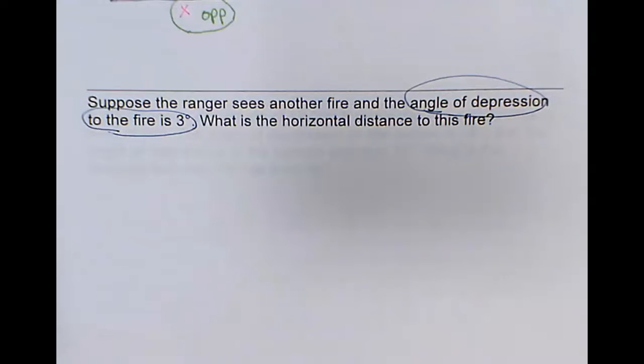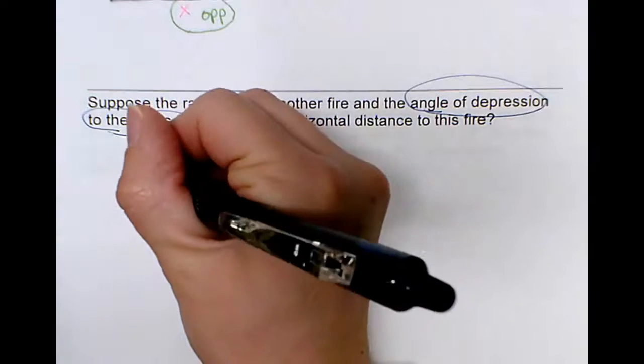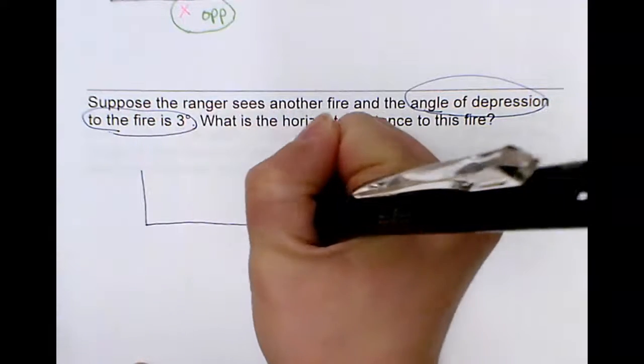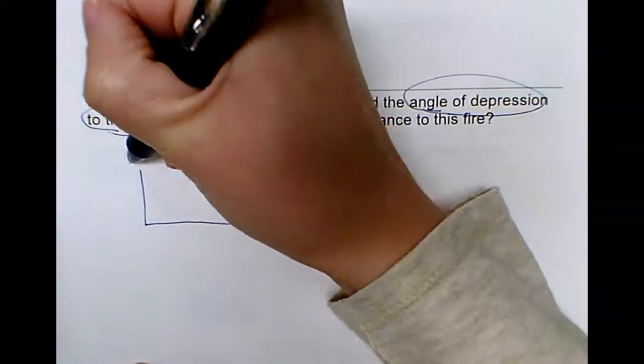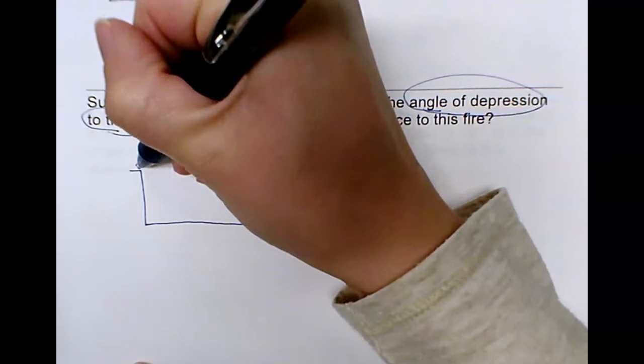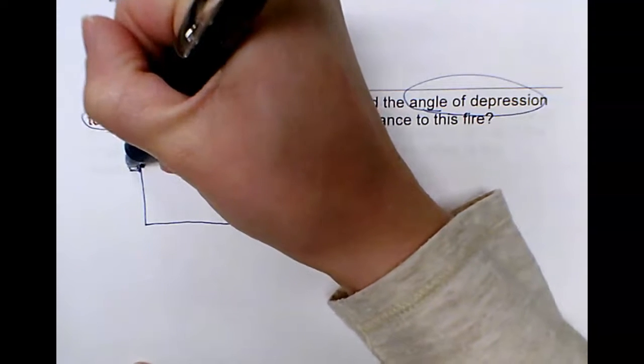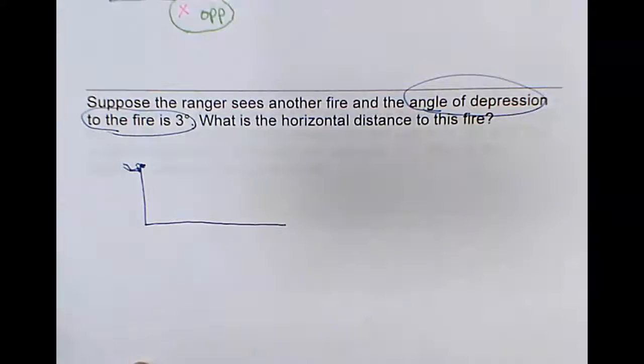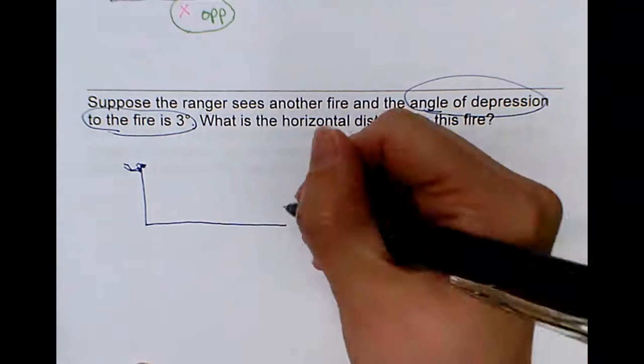So let's draw a rough sketch of our picture. So here is the observation tower. Here's the binoculars. His feet are a little strange. He sees the fire.